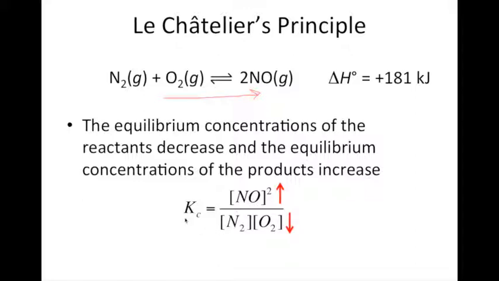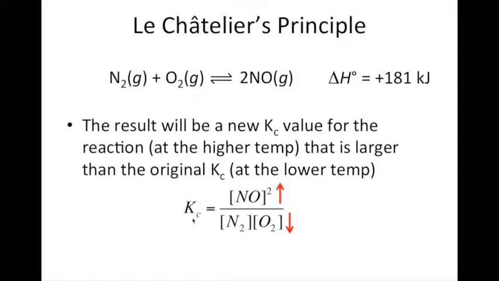What effect will that have on Kc? Well, my numerator is getting bigger, the denominator is getting smaller, so mathematically Kc should get larger. So the new Kc value at this higher temp is going to be larger than the original Kc for this endothermic reaction. So hopefully you can see that.